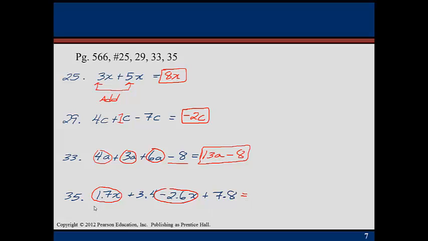So we're going to do 1.7 minus 2.6, and we should get negative 0.9, and then don't forget the x. And then our constant terms are 3.4 plus 7.8. We add those together and we get 11.2.